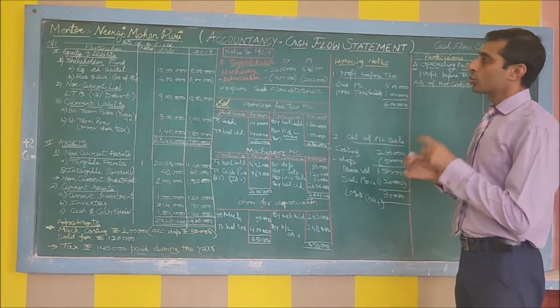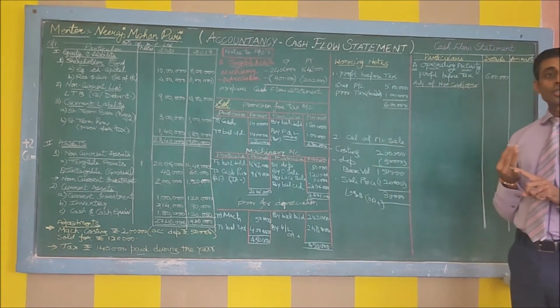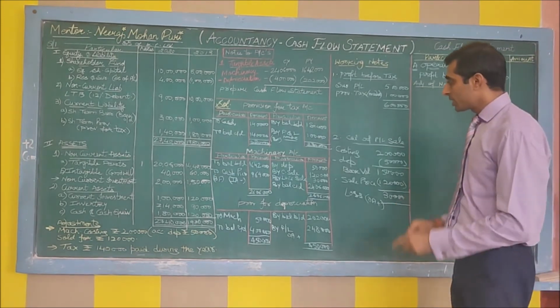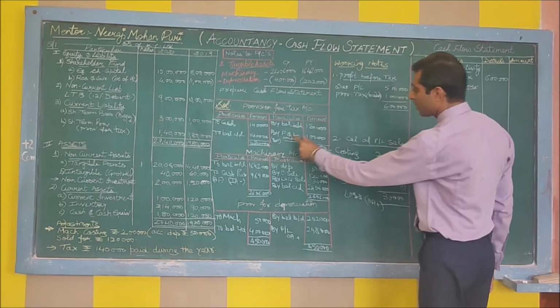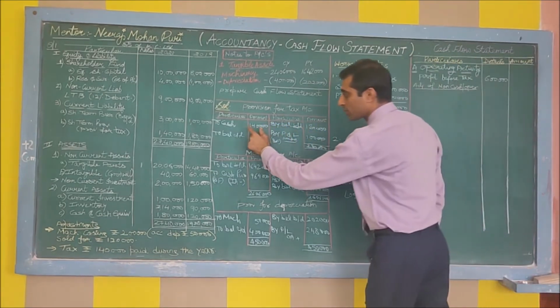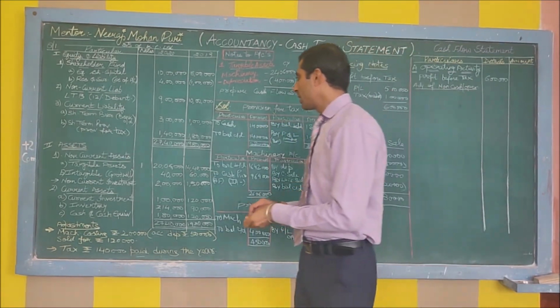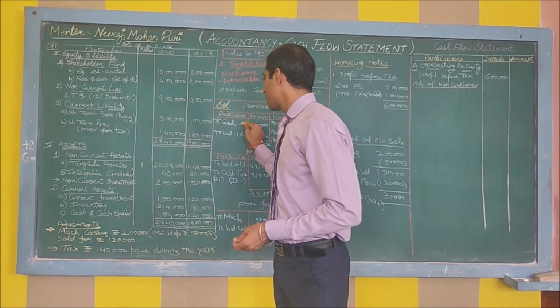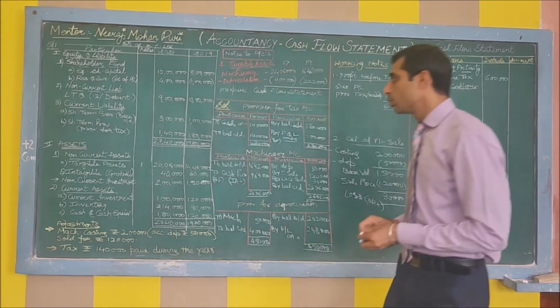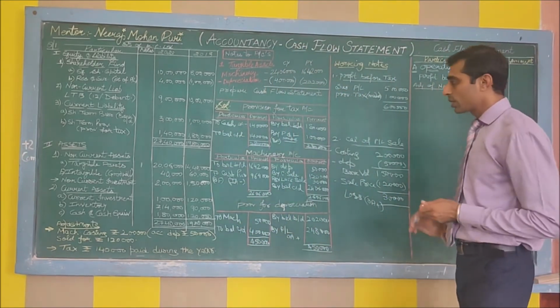In this we have to show any interest, any loss, depreciation. So let's start. Come to our first ledger, provision for tax. The tax made we have already shown. Tax paid will be shown under operating activity as the last step, when we subtract tax. So keep it in mind, but it is not required here.